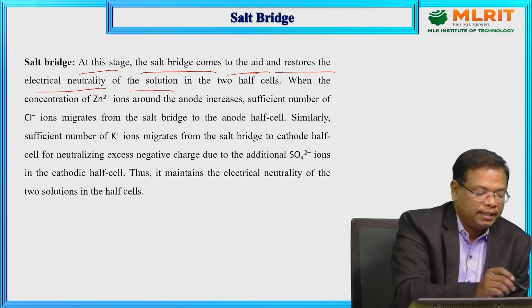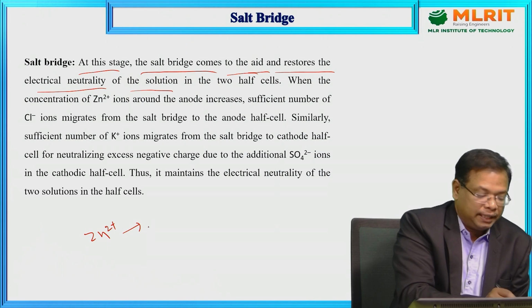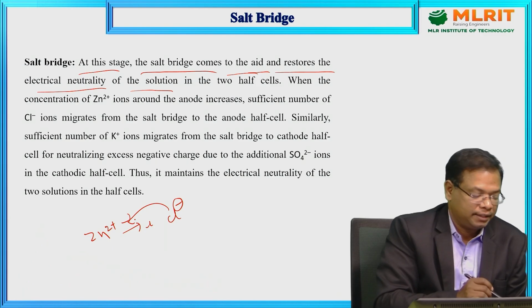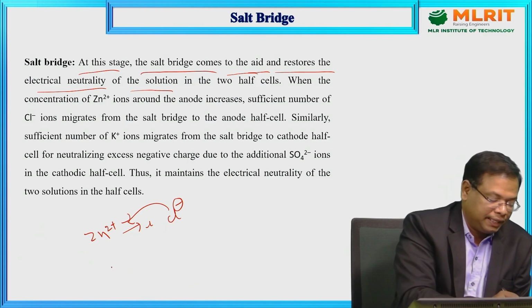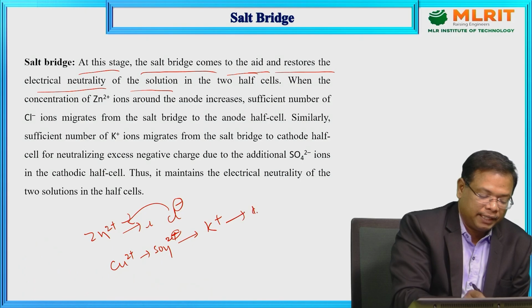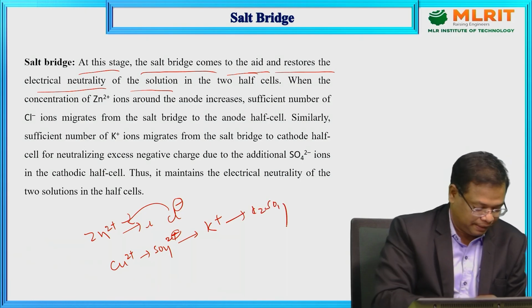When the Zn2+ ions are increasing, the Cl- ions from the salt bridge will neutralize these Zn2+ ions, whereas the Cu2+ solution will release SO4 2- ions. These will be neutralized by K+ ions, forming K2SO4, potassium sulfate.